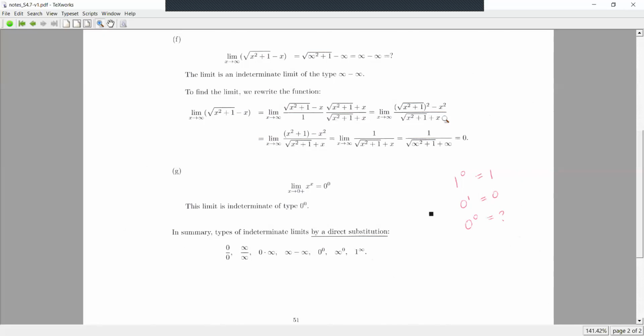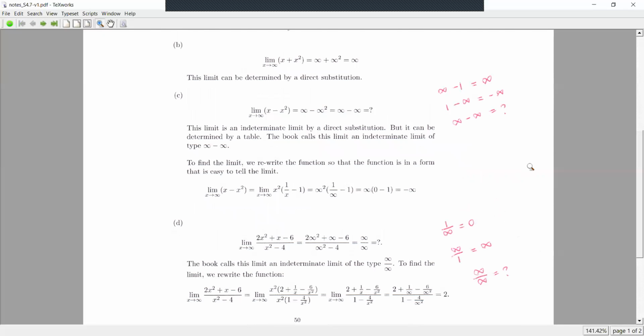Now simplify the numerator. Then we get numerator is 1. Now this time, when I plug in infinity for x, I can tell the limit. The limit is 1 over infinity. It is 0. This is f.